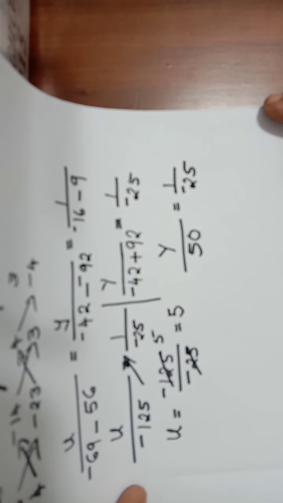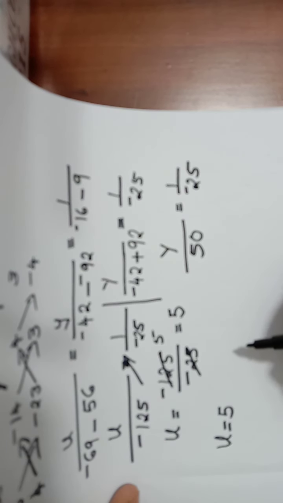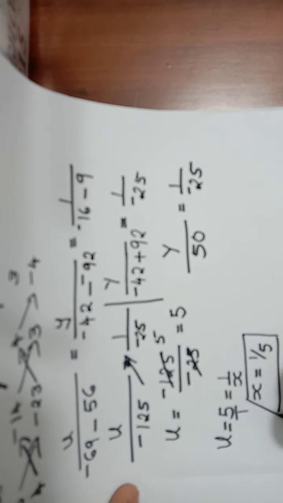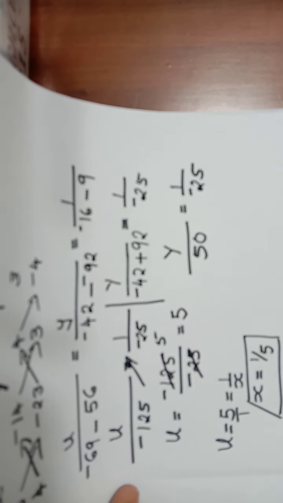Now how do we get x? Look at this. U equal to 5 we got already. What is our u? U is equal to 1 by x, that is 5 by 1. Therefore, what is x equal to? Reciprocal. X is equal to 1 by 5 we are getting. Then comes the y value.